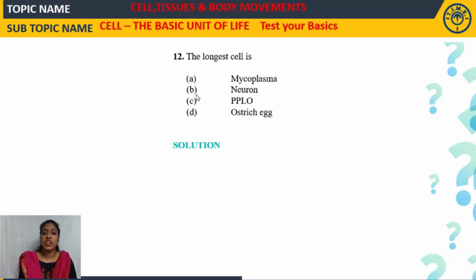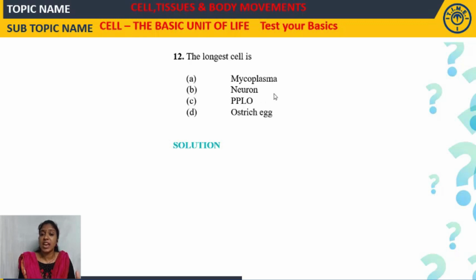And what about the neuron, B? Yes, neurons are nerve cells, and when you see the structure, we can see that they are the longest cells, with a cell body and many branches extending from it: dendrites, dendrons, axon, axonites. So neurons are the longest cells in our body. What about PPLO? PPLOs are pleuropneumonia-like organisms.